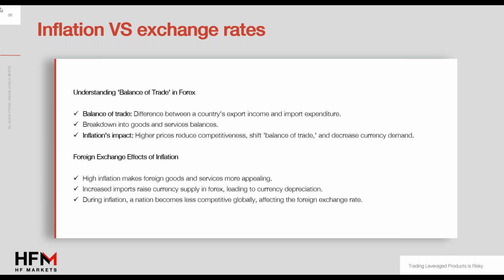I think we have covered everything, but now you need to think about how this appreciation or depreciation of the currency due to high or low inflation is presented in the forex market.